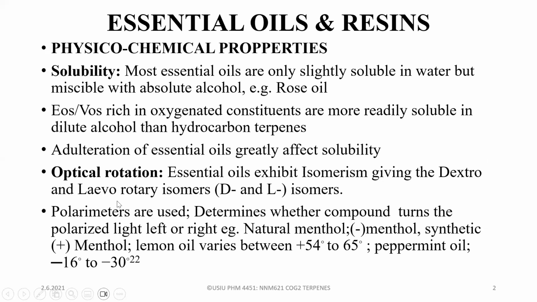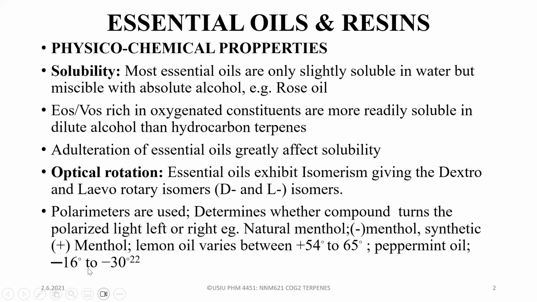The second one is optical rotation, which we've seen with many other biological compounds, that it's either dextro or levo. For example, natural menthol is levo, where minus is levo, the natural one, but the synthetic is dextro.